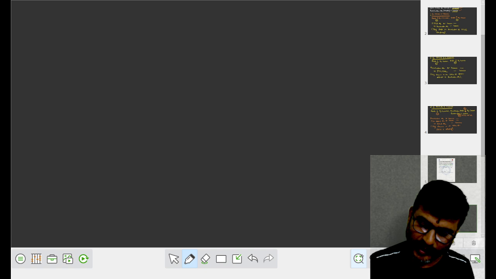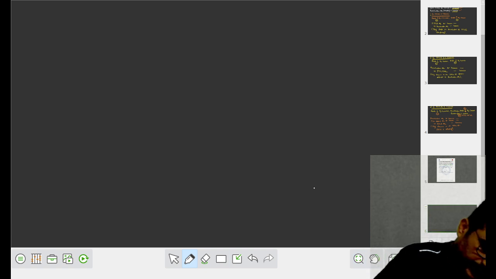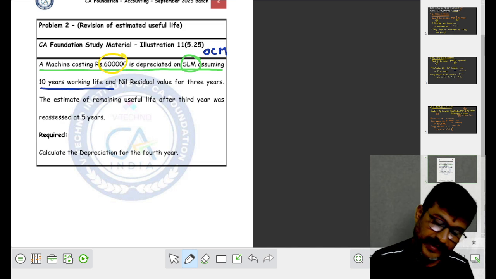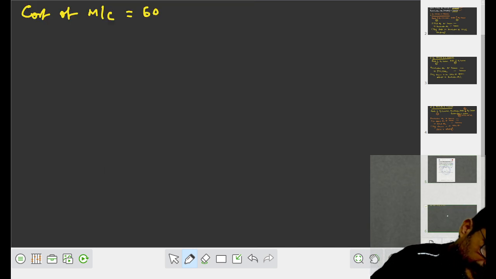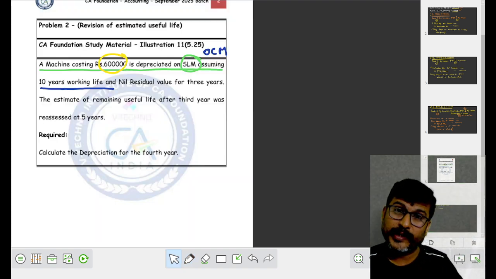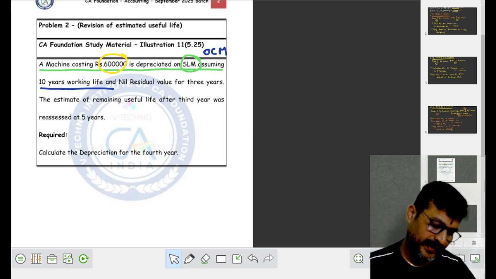Now, let me write a solution along with the reading. Cost of machine. How much is the cost of machine? 6 lakh. Life is 10 years. Please, my dear students, carefully observe this solution, 10 years.